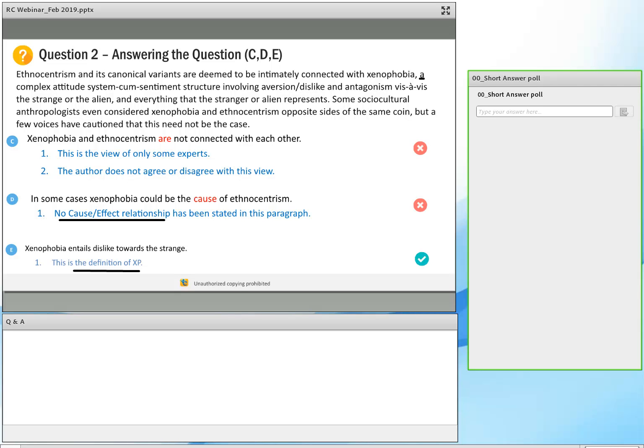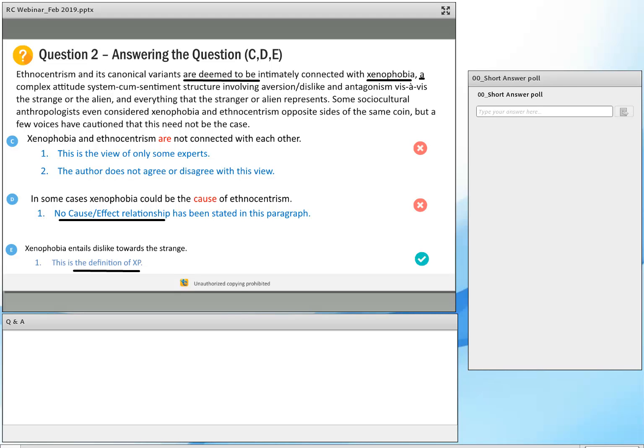Okay, and we actually have a couple of concepts on this in the course. That's one piece. The second piece is whenever you would have those words, what you have to really always trust the test maker is that those words would be directly or indirectly defined. So for example, when you think about the word xenophobia, it is defined directly. Okay, are deemed to be intimately connected.